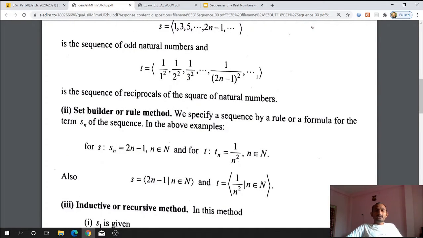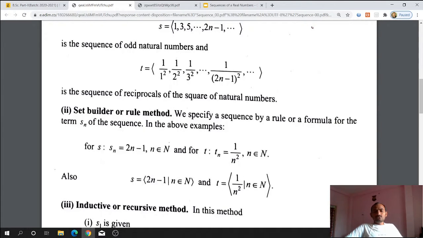Now write this sequence of reciprocals of squares of natural numbers in set builder form. What is the set builder form for this sequence?